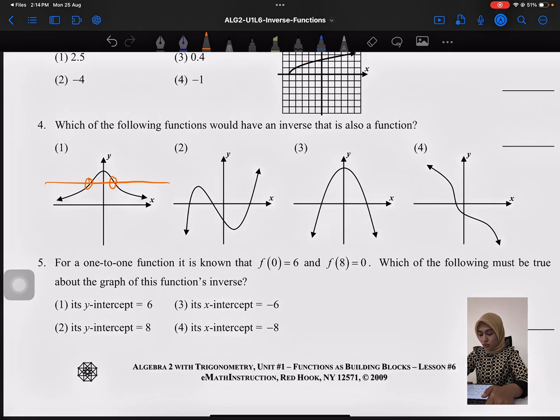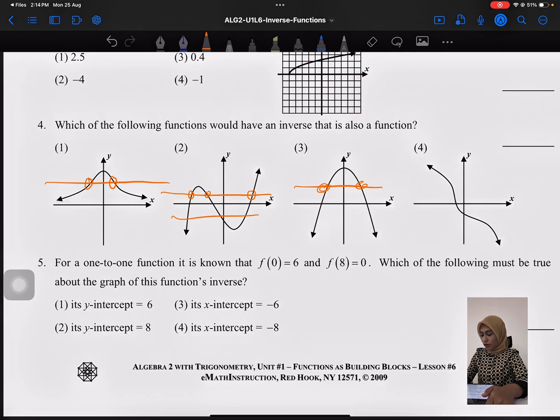For number 2, you also have many of the same y values, and many horizontal lines will cut through multiple points, so it fails the test. Number 3 is a parabola, and it also fails the horizontal line test, so it is not an inverse function.